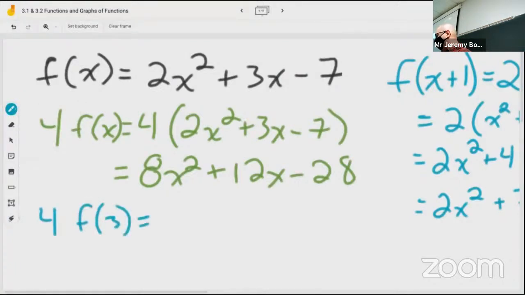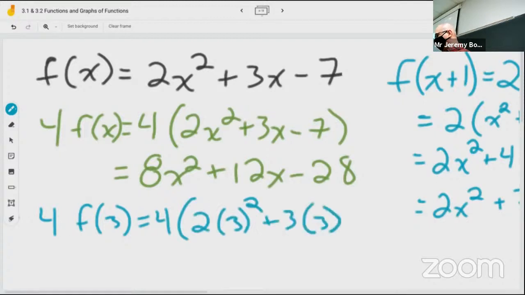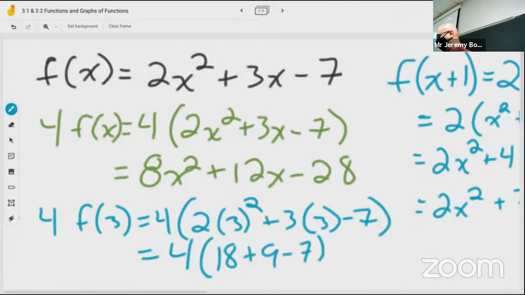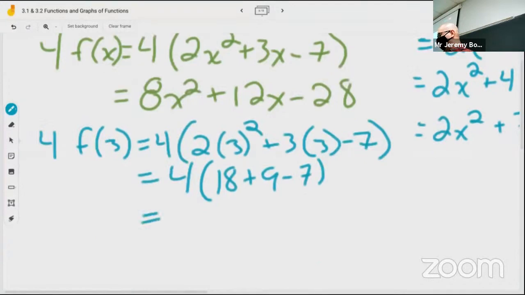In that case, it's going to be 4 times f of 3, which would be 2 times 3 squared plus 3 times 3 minus 7, which is going to be what? 4 times 2 times 9 is 18. 9 minus 7, and that's going to be what? 27 minus 7, 20. That'd be 80.